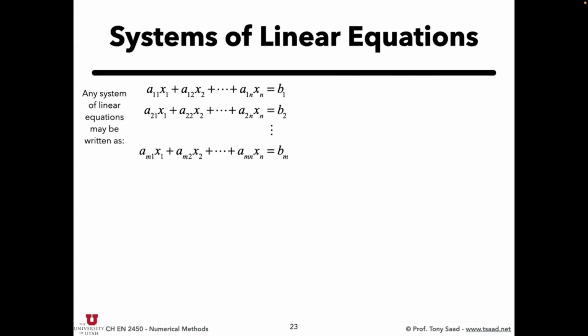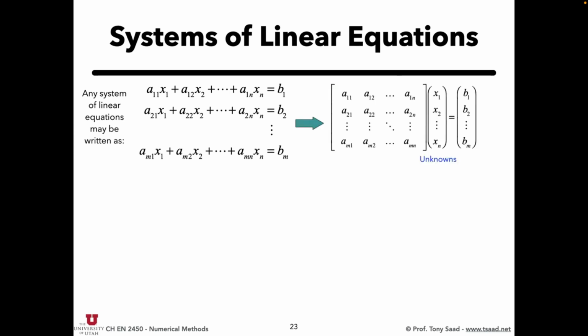Now let's generalize. Any system of linear equations may be written in matrix form, where you have a coefficient matrix multiplying a vector of unknowns equal to a vector of right-hand sides. Each row in this matrix corresponds to one of the equations.